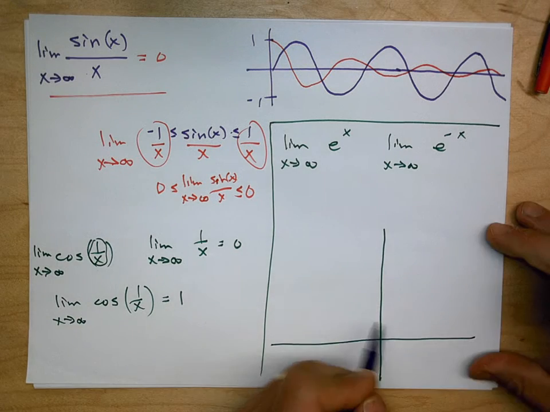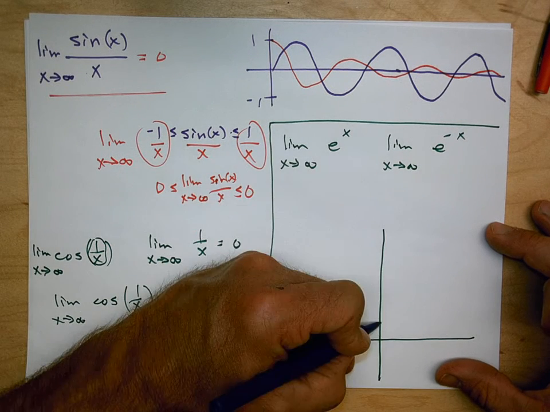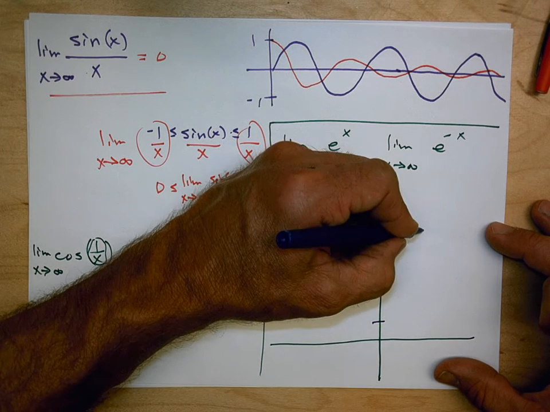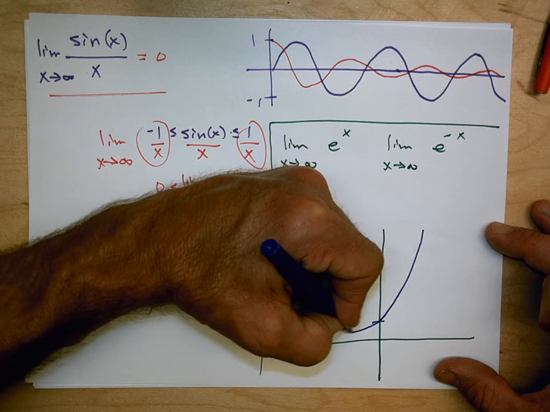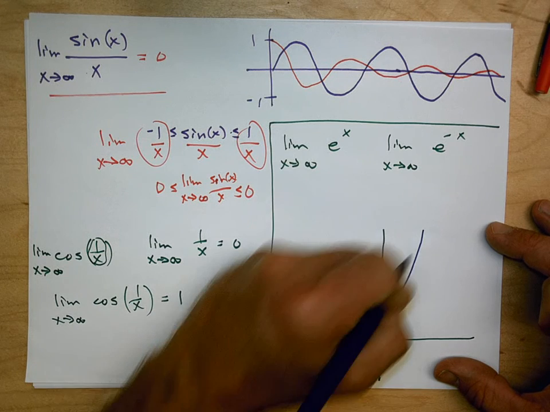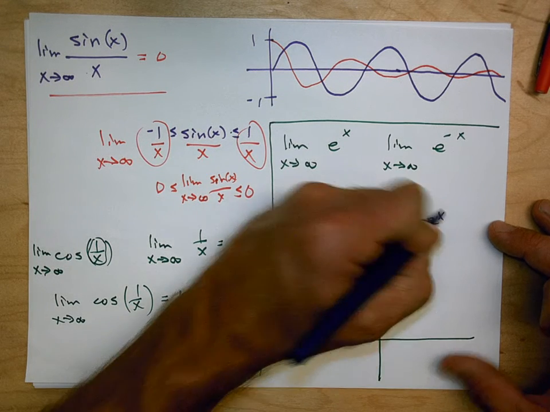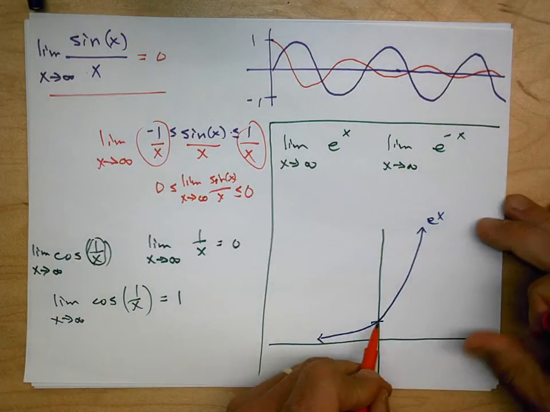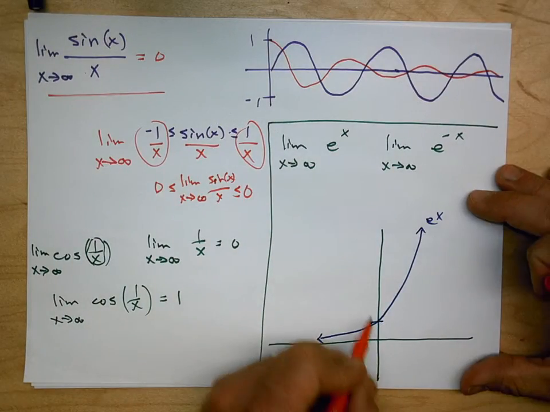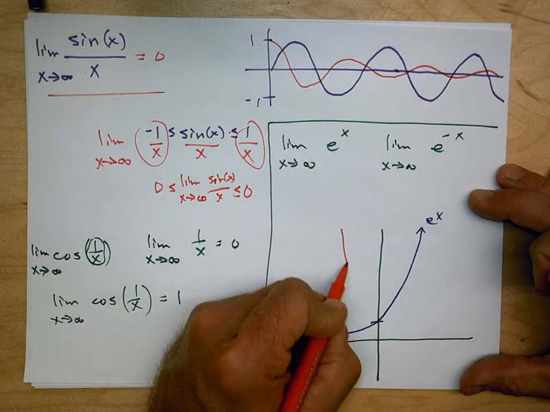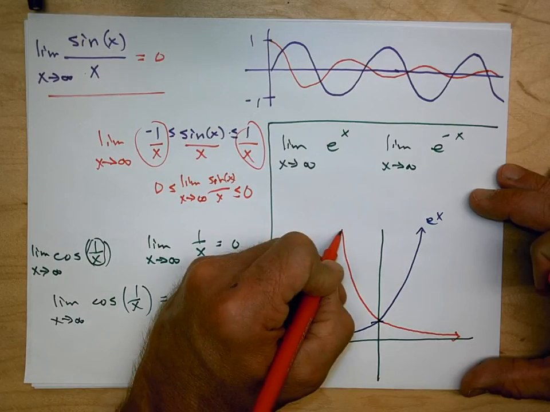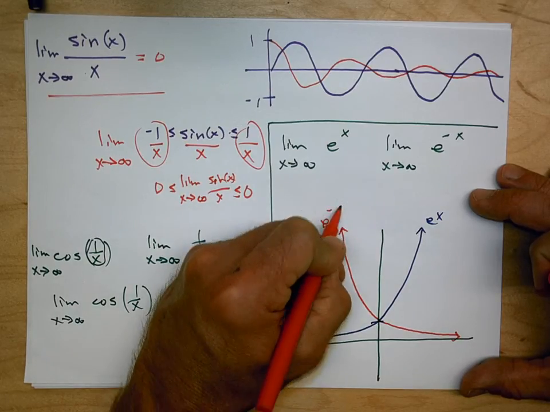So e to the x, we should know by now, is going to go through the point 0, 1, and it grows exponentially fast. So there's e to the x. And it's an increasing function, whereas e to the negative x, when x equals 0, it also equals 1, and it is symmetric about the y-axis. With e to the x, it looks like this. Here's e to the negative x.